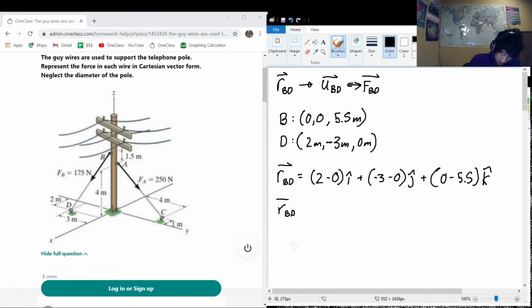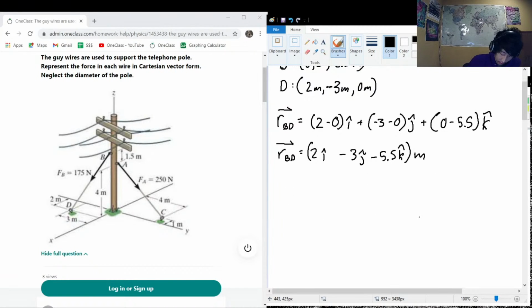RBD, okay, so we'll have 2I minus 3J minus 5.5K, all in meters.